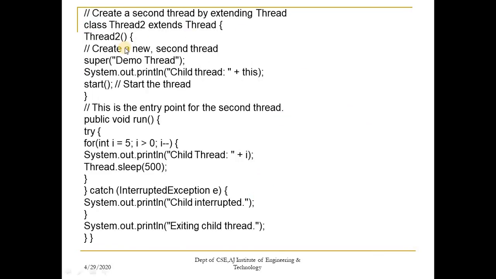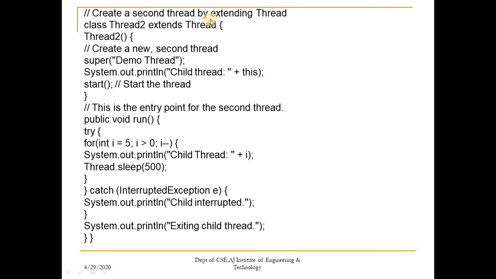So let us go through this program. This program is used to create a thread by extending the thread class. Here if you see, we have created a class Thread2 which extends the class Thread. So Thread2 is a subclass of Thread.